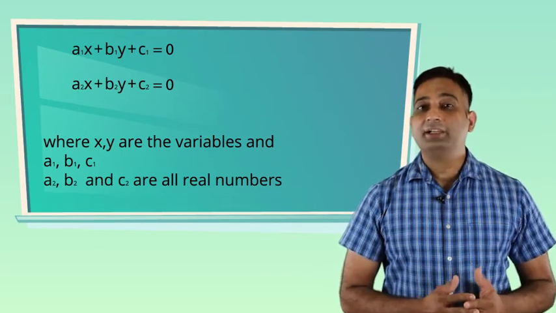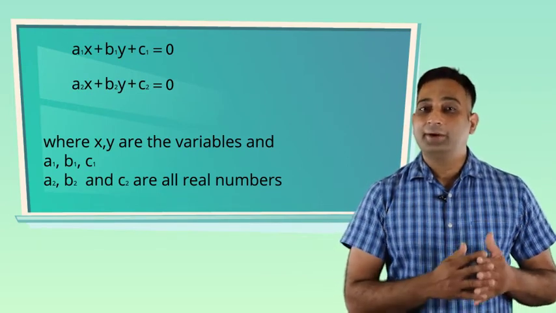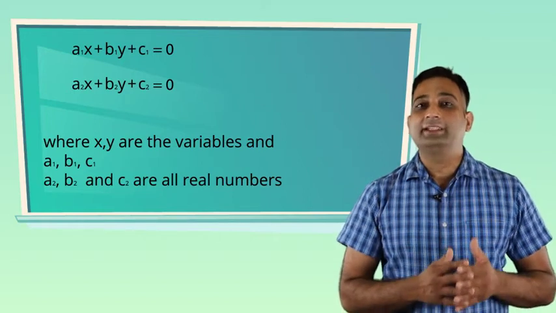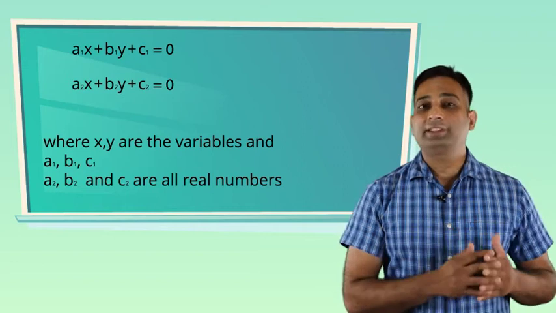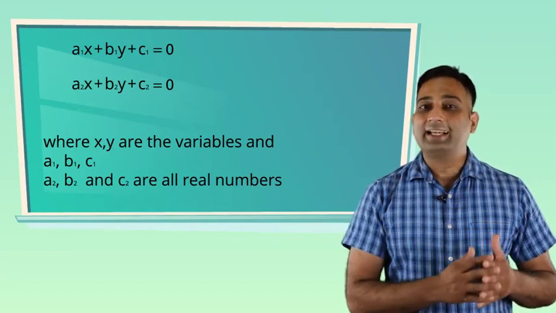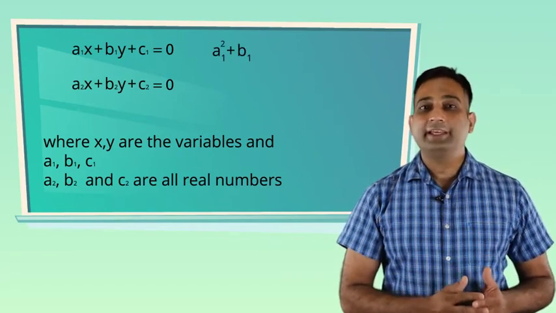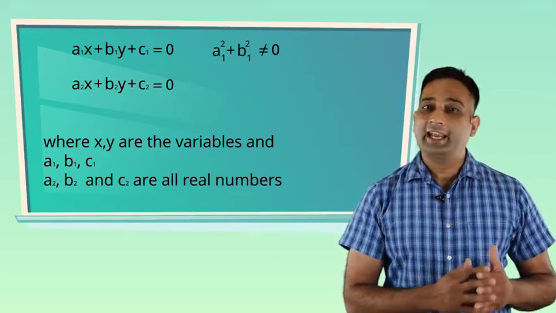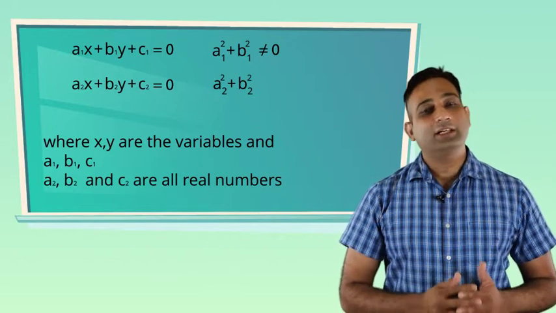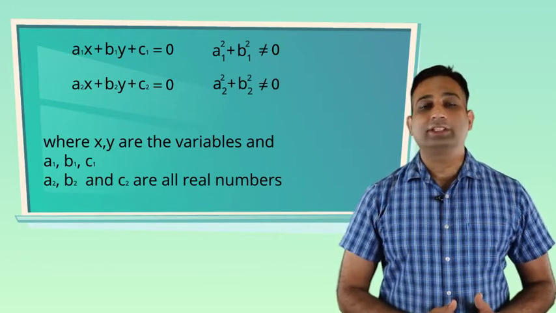The condition must be satisfied that a1, b1 and a2, b2 should not both be 0. So we represent that condition by a1 square plus b1 square should not be equal to 0 and a2 square plus b2 square should not be equal to 0.